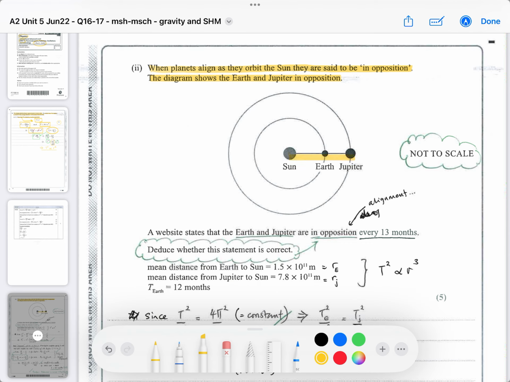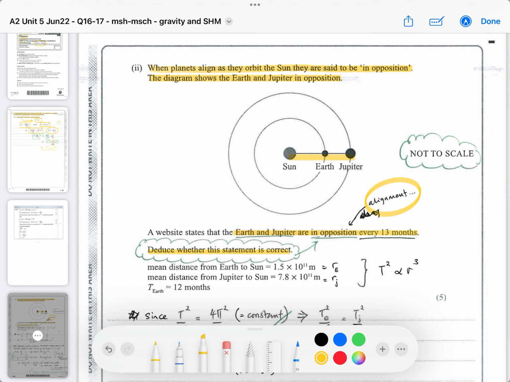A website states that Earth and Jupiter are in opposition every 13 months. I prefer the term alignment, so that's what I'll be using, because it tells you they're in a line. Deduce whether this statement is correct. So in other words, every 13 months, will they come back into alignment?